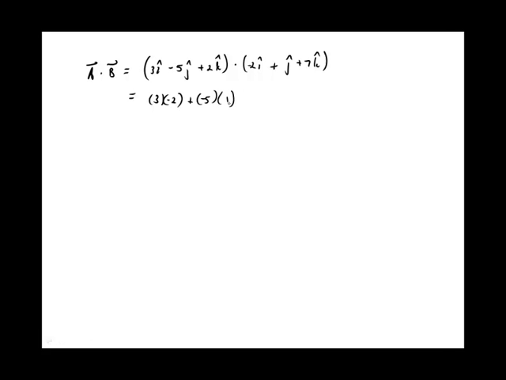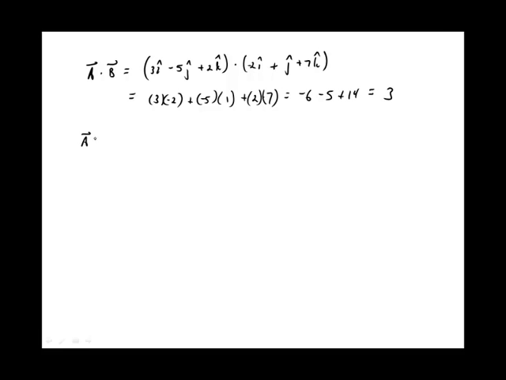So A dot B equals 3I minus 5J plus 2K dotted with minus 2I plus J plus 7K. And that's going to equal 3 times negative 2 plus negative 5 times 1 plus 2 times 7, which is negative 6 minus 5 plus 14, which is 3.